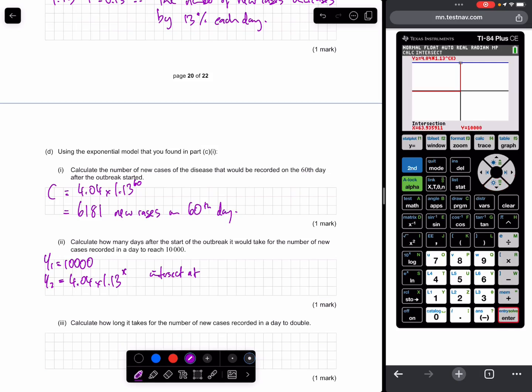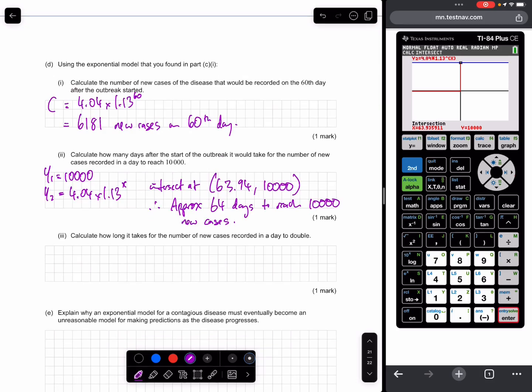Where do they cross? 63.94, comma 10,000. Therefore, it's close enough to 64 days. Approx 64 days to reach 10,000 new cases.